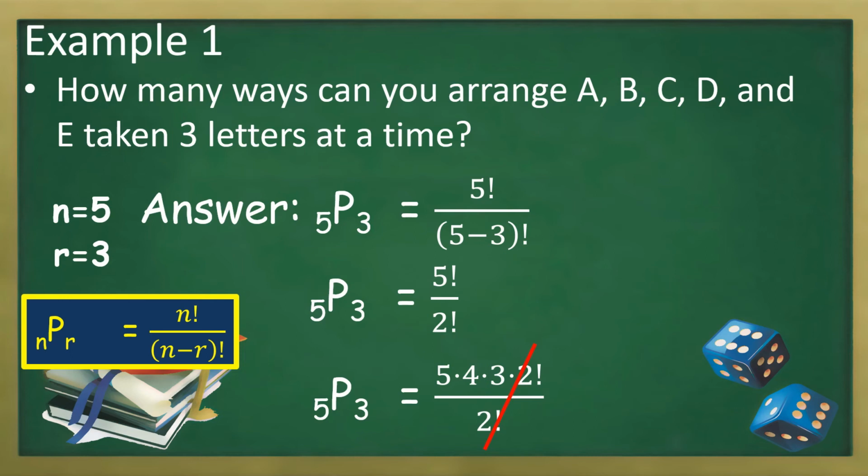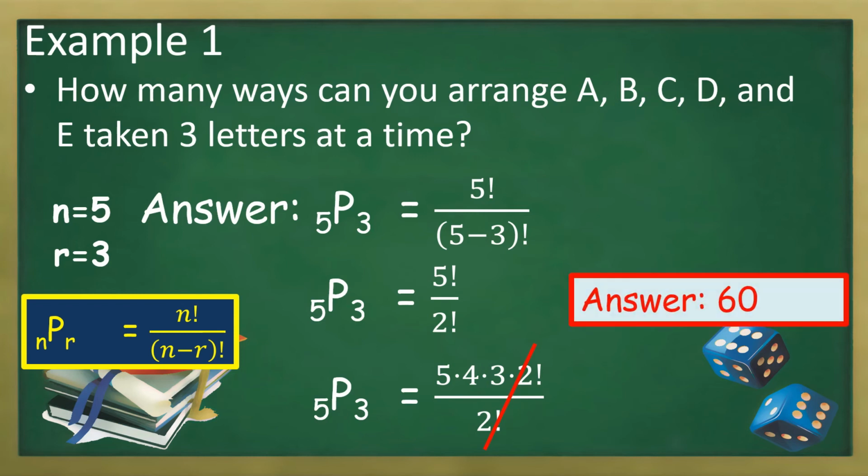Then from here, we can now cancel 2 factorial on the numerator and 2 factorial on the denominator, leaving us with 5 times 4 times 3, which is equal to 60. So therefore, if we're going to arrange 5 objects, taken 3 objects at a time, we will have 60 arrangements.